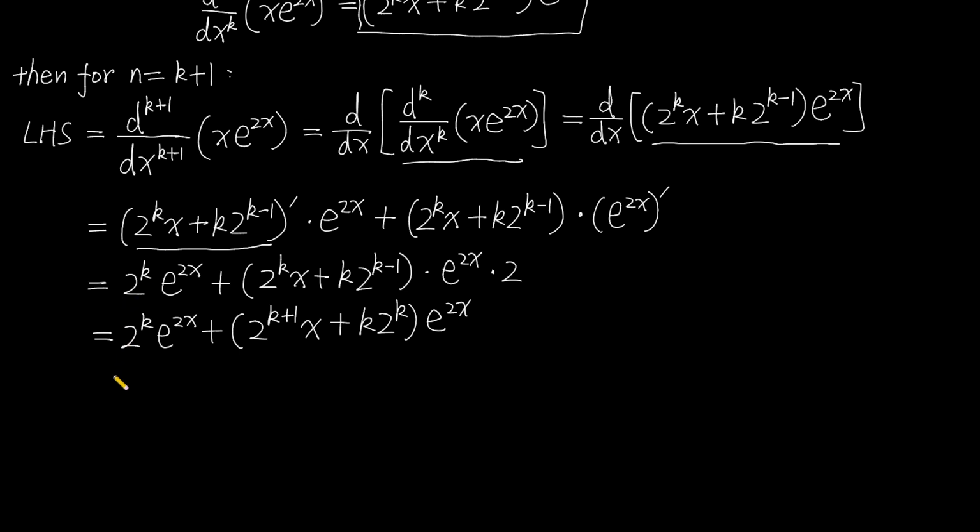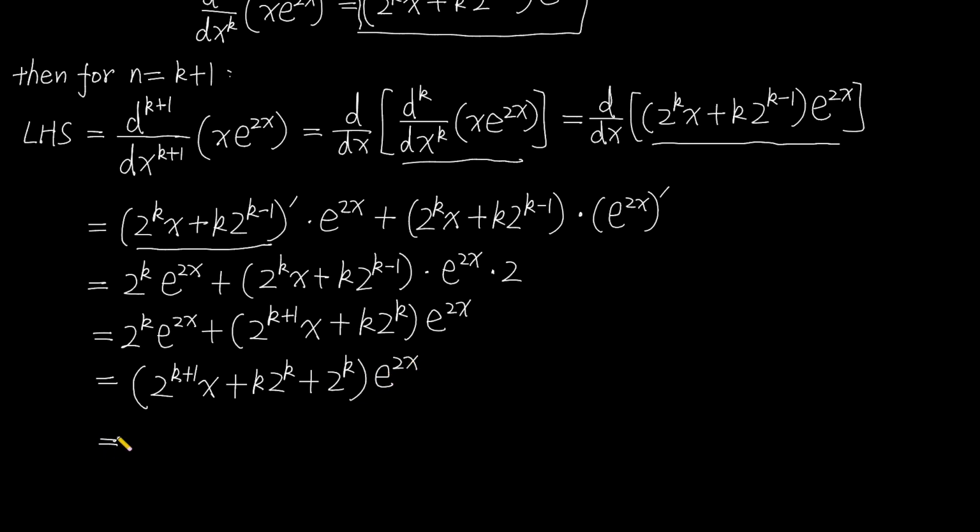Then go ahead. We combine these two together. So we get (2 to the power of k plus 1 multiplied by x plus k multiplied by 2 to the power of k plus 2 to the power of k) multiplied by e to the power of 2x.